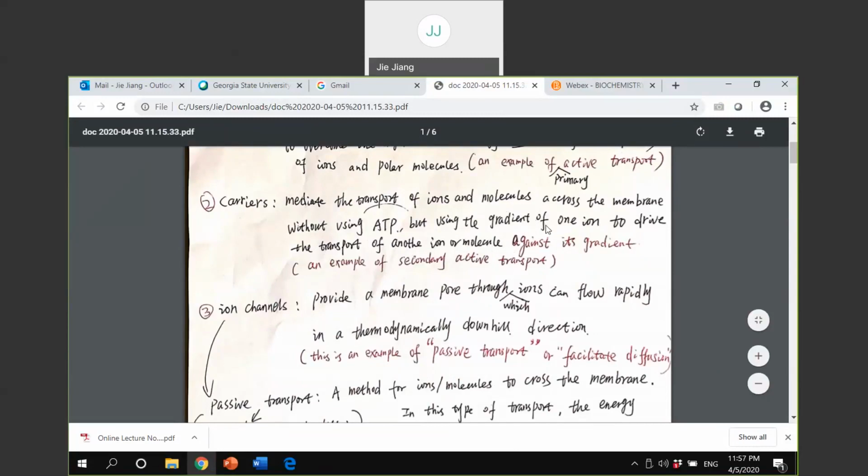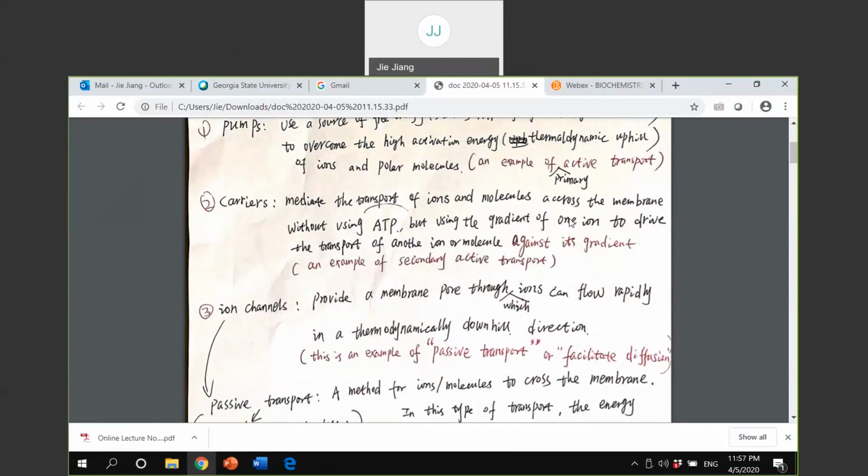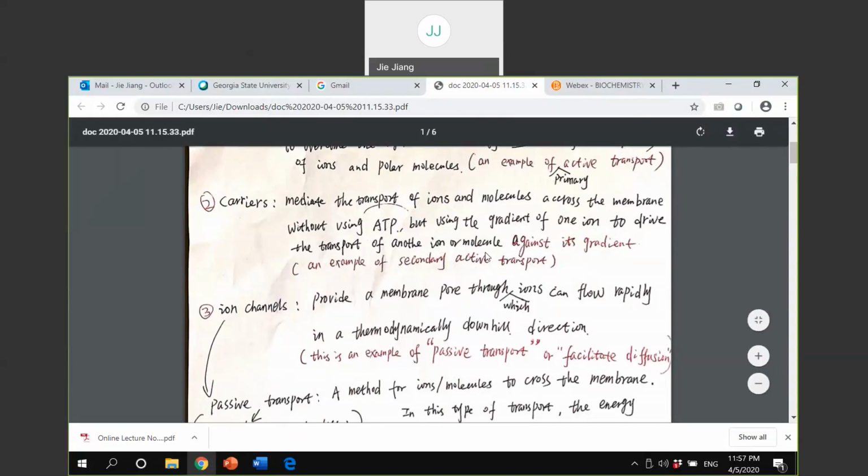Overall, it comes from different concentrations of protons. But this gradient of one ion will drive the transport of another ion or molecule, like a series effect, right? So this is an example of secondary active transport. Both are active transport, a little bit different: use ATP or use a gradient.